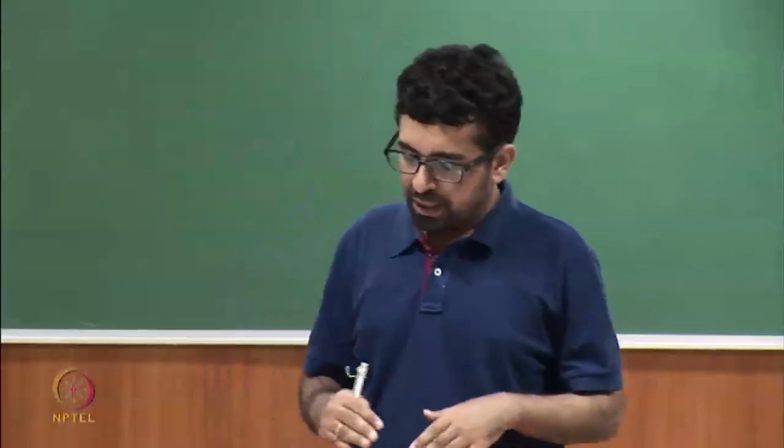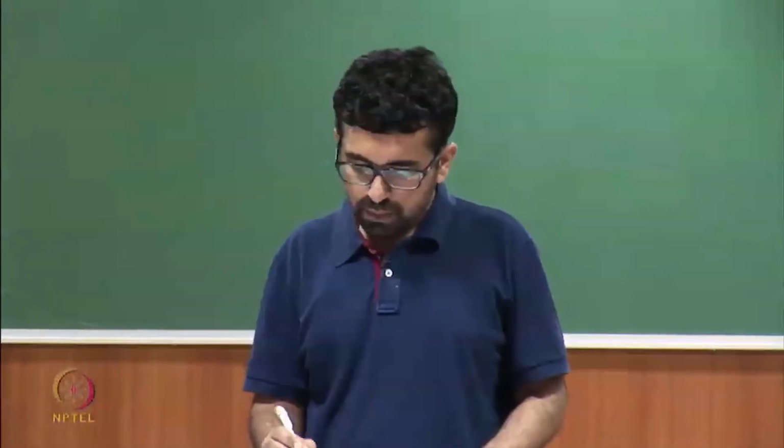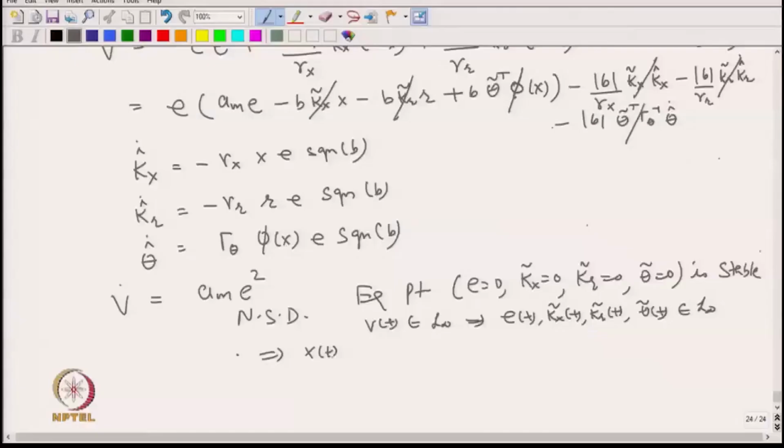So it's important that you prove that all signals are bounded. Okay, so using this we can further show that x of t, kx hat of t, kr hat of t, and theta hat of t are bounded.